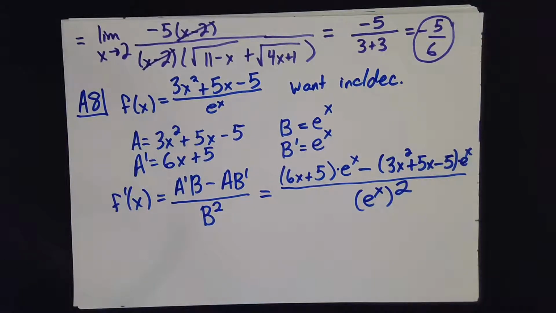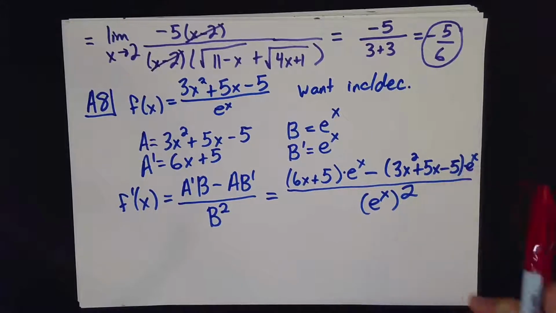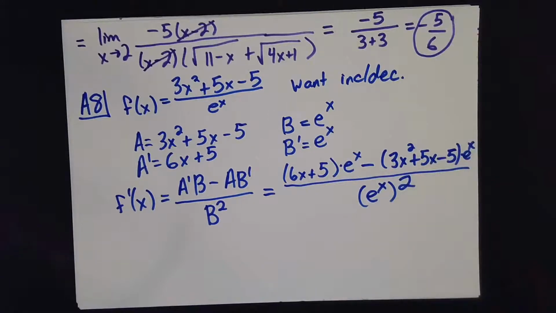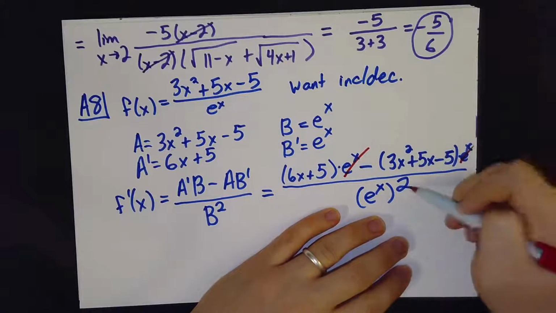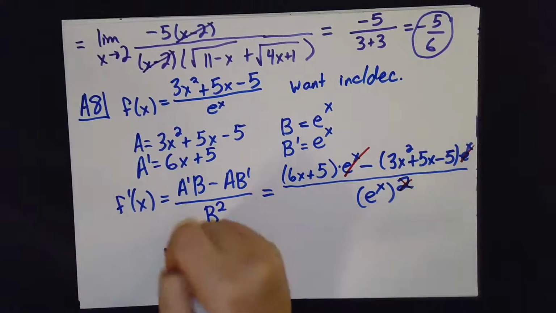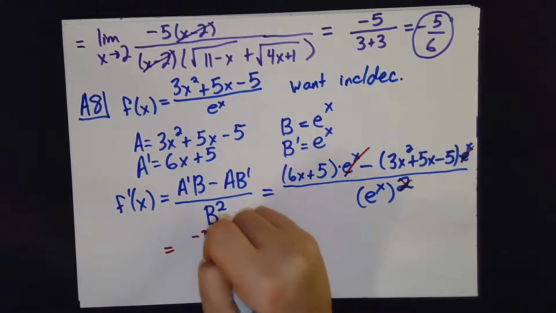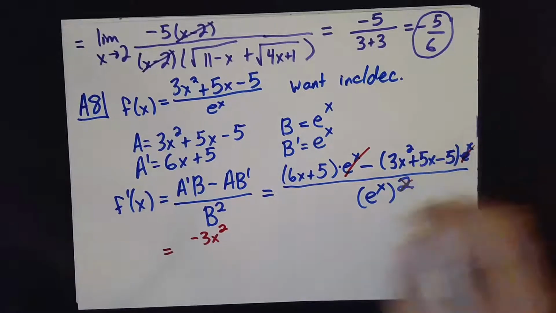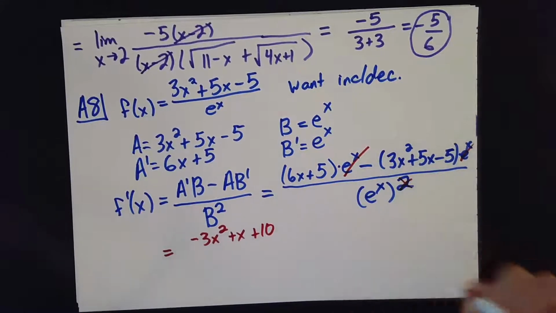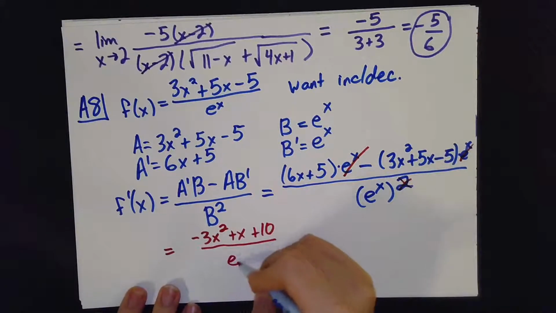Okay. Now is a fantastic time to notice that there is an e to the x in every term in the numerator, and there are 2 e to the x's in the denominator, so I can actually cancel the e to the x's in the numerator with one of the e to the x's in the denominator, which is going to leave me with minus 3x squared plus x plus 10 divided by just 1 e to the x.